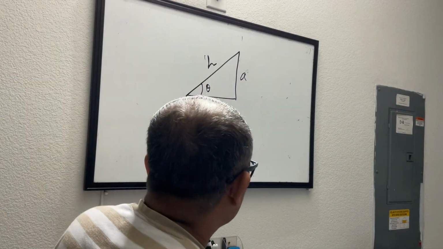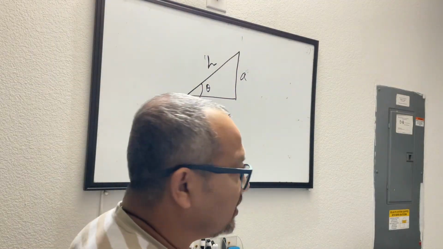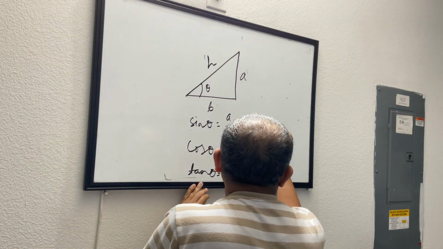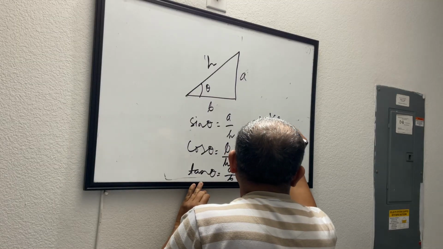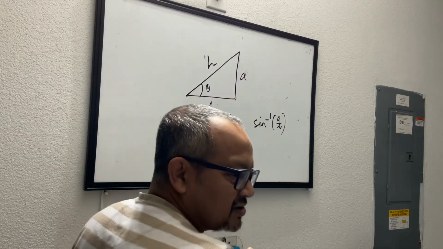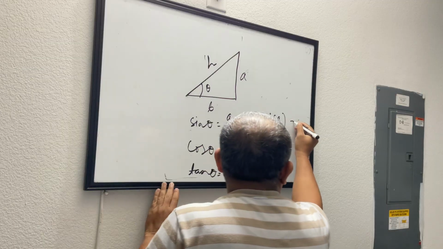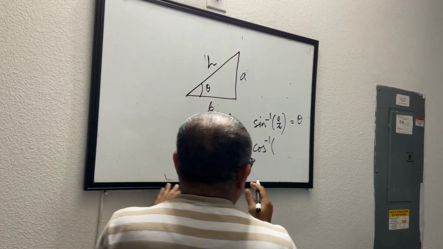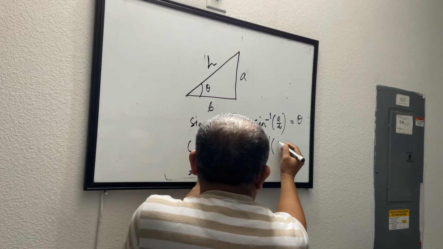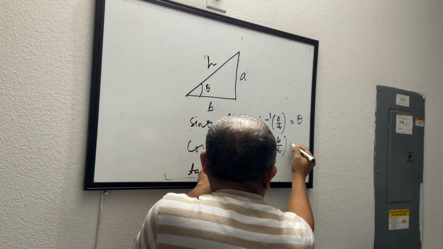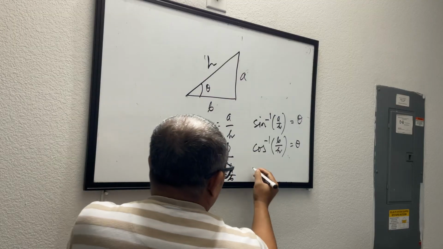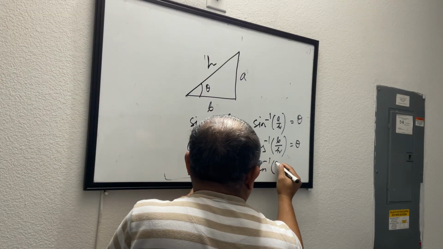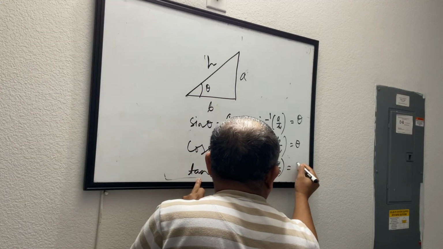This part is okay. Now, when you relate that to the inverse function concepts, sine inverse of A over H, also called arc sine, will be equal to theta. Cos inverse or arc cosine of B over H will give you theta, and arc tangent or tan inverse of A over B will give you theta.